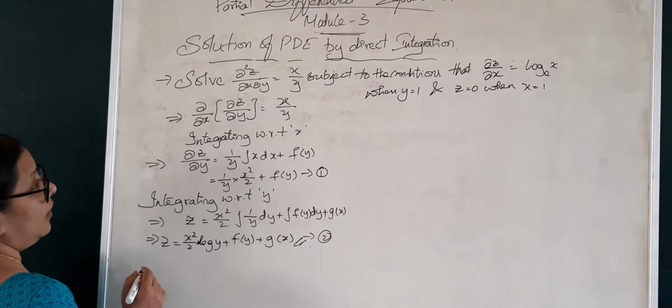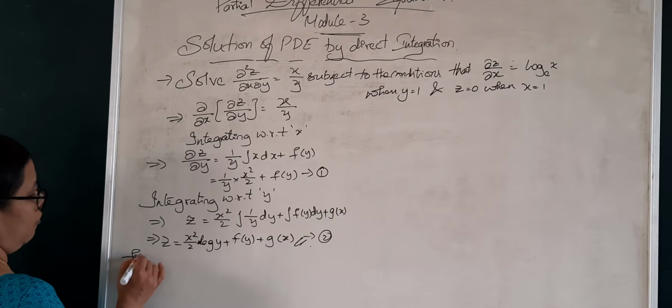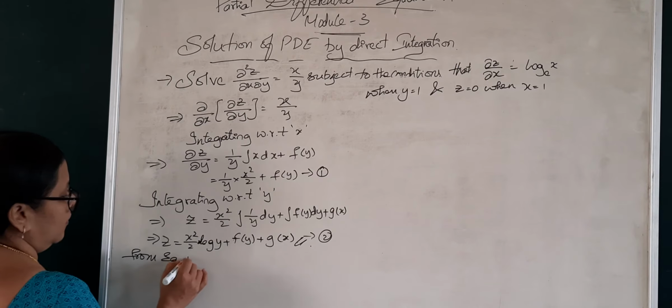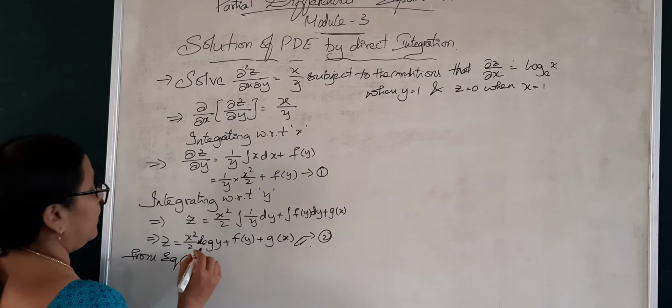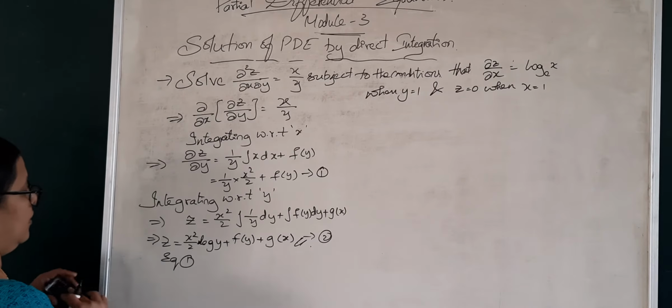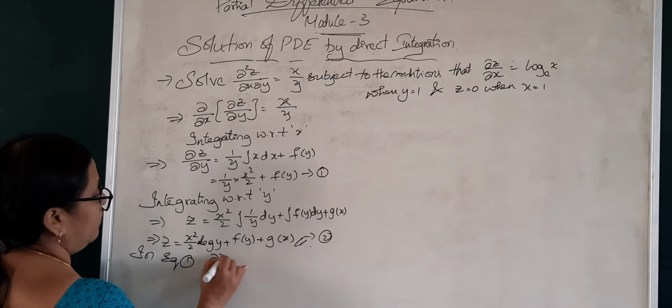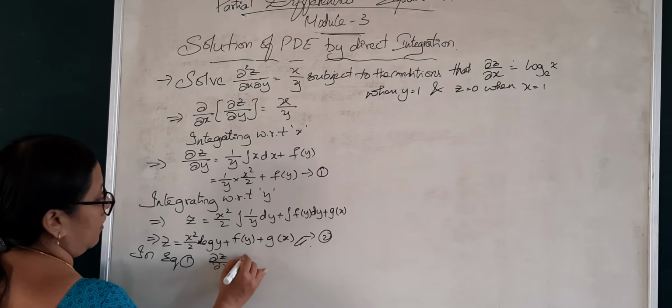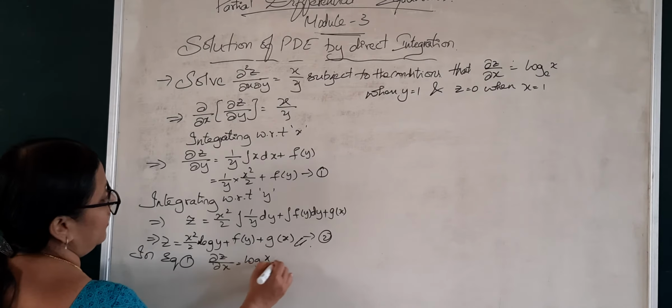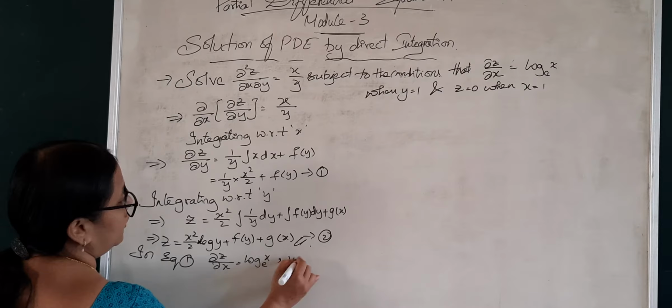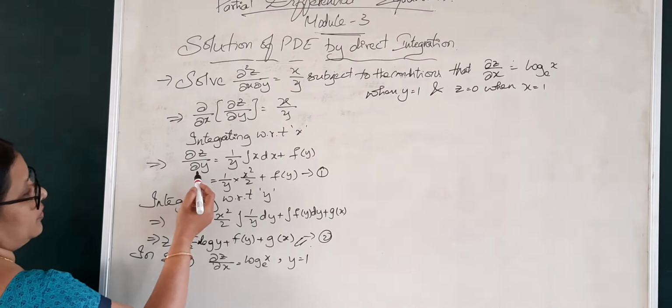Now first condition, from equation 1. Substituting in equation 1 the first condition, dou z by dou x is log x to the base e and y equal to 1. These two terms you have to substitute here.